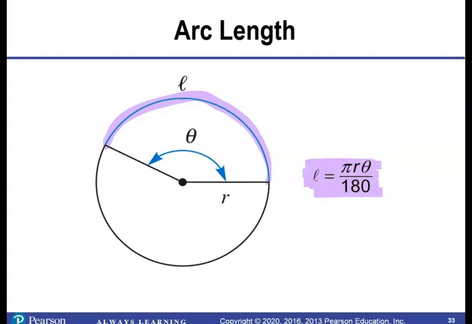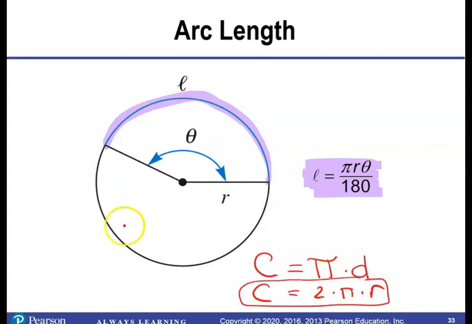Okay, so you know the circumference of a circle, the circumference is pi times d, the diameter, right? We could also write that as 2 times pi times r, because d is just 2r. So let's focus on this one.